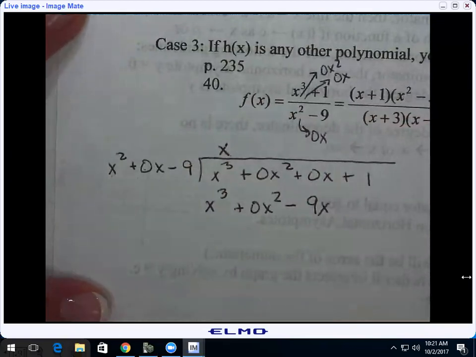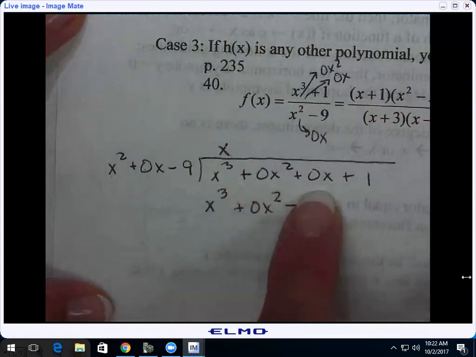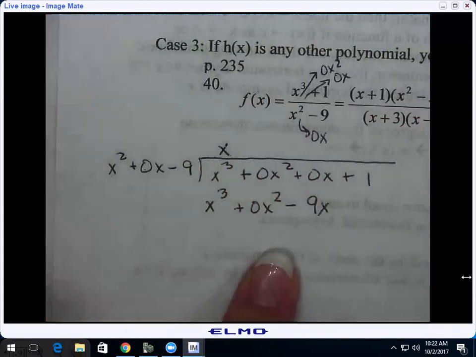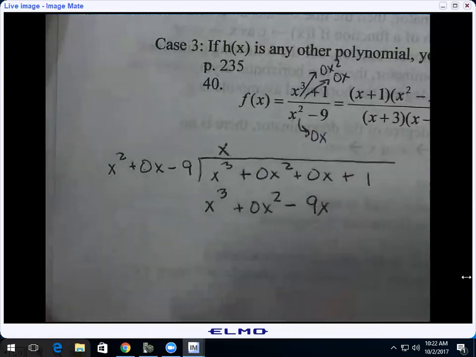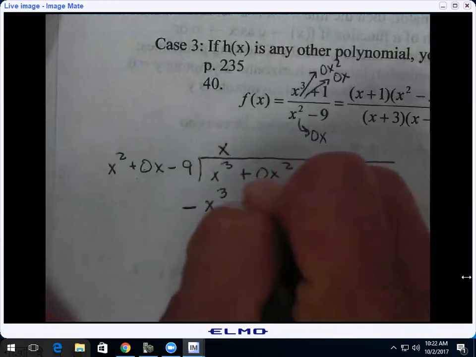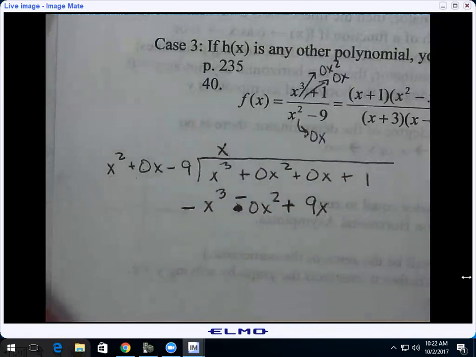What's the next step in long division? Subtract this whole guy from what's above it. And when you subtract, you're really distributing a negative. And that's why we say change the signs. It sounds kind of like hocus pocus, but really we're distributing a negative 1 here in order to subtract.